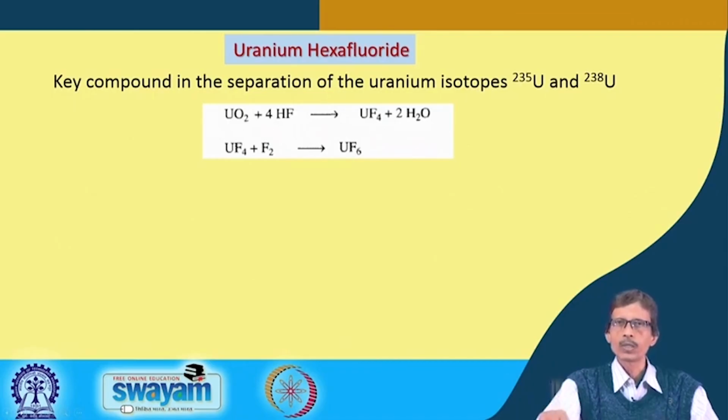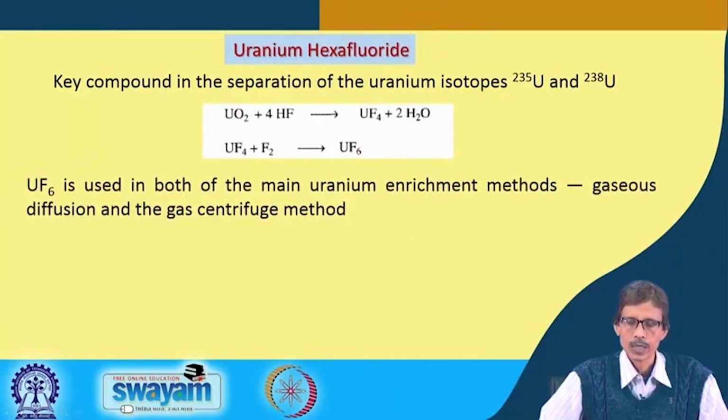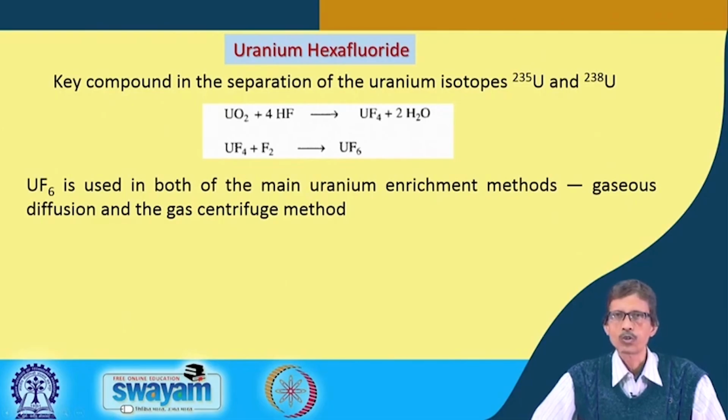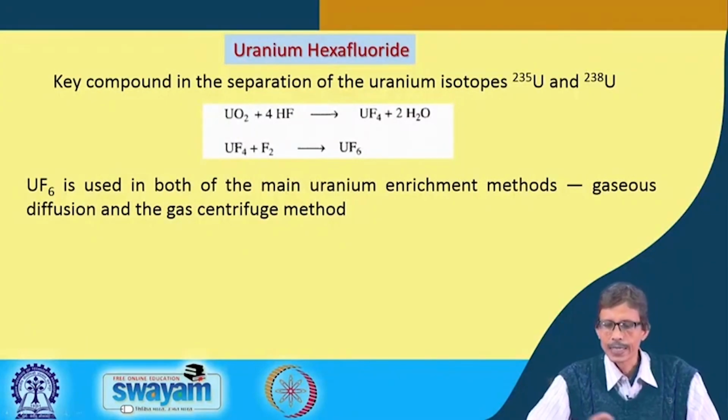UF4 formation is important, which is nothing but the corresponding addition of the fluoride group to the uranium center, which is in the tetravalent state. So, the formation of this is used in the main uranium enrichment method, because for the corresponding processing for your nuclear chemistry or reactions, you require some of these isotopes to have the corresponding enrichment, whether you go for uranium 238 for the fission reaction or something for the reactors and all other places, we require the enrichment.